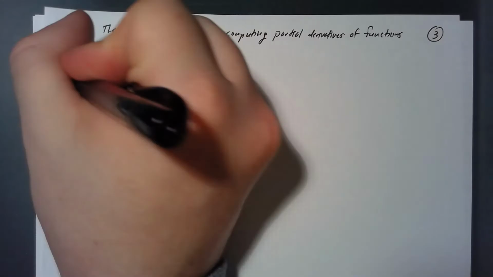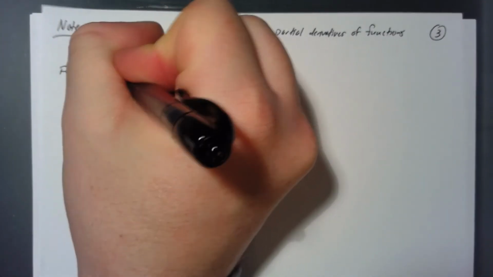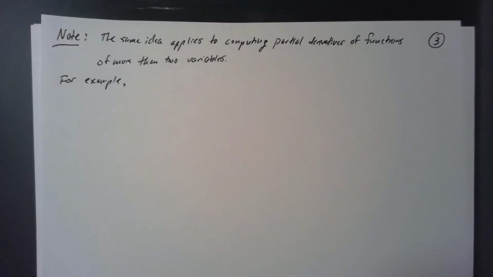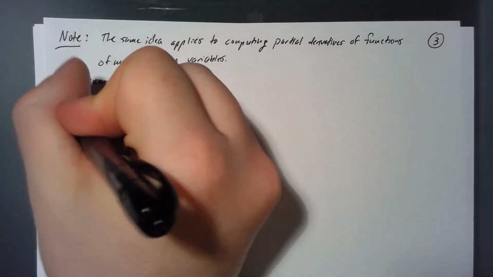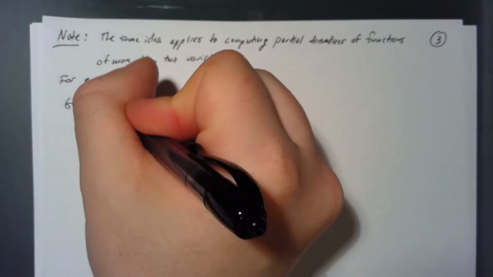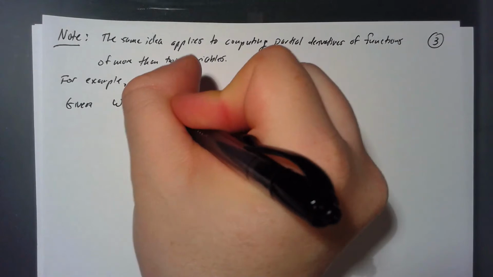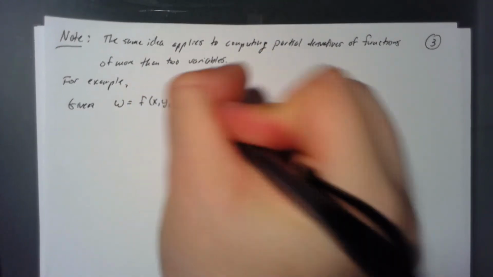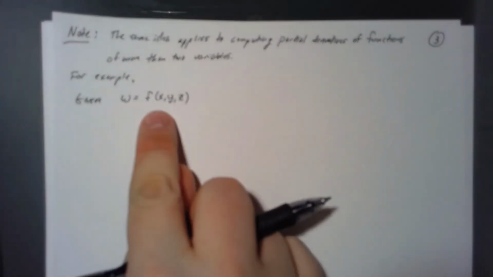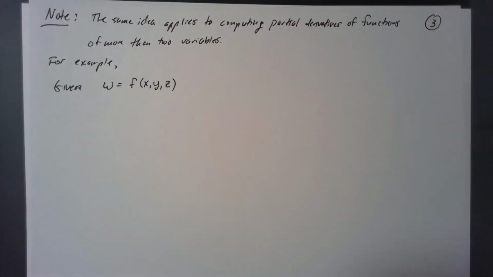For example, given w equals, so w is a function of 3 variables, x, y, z.